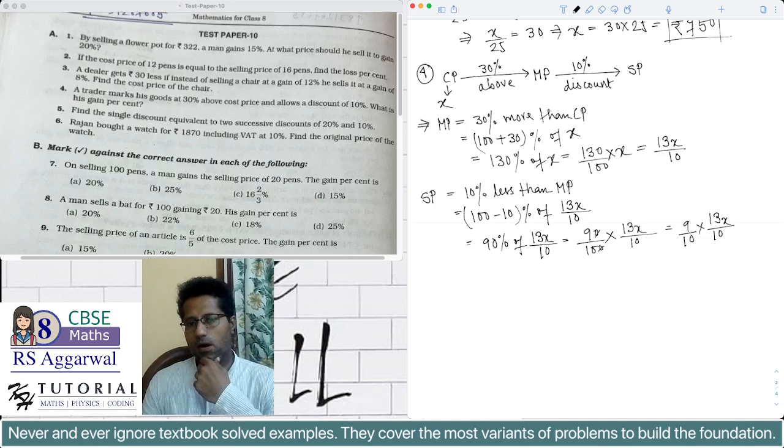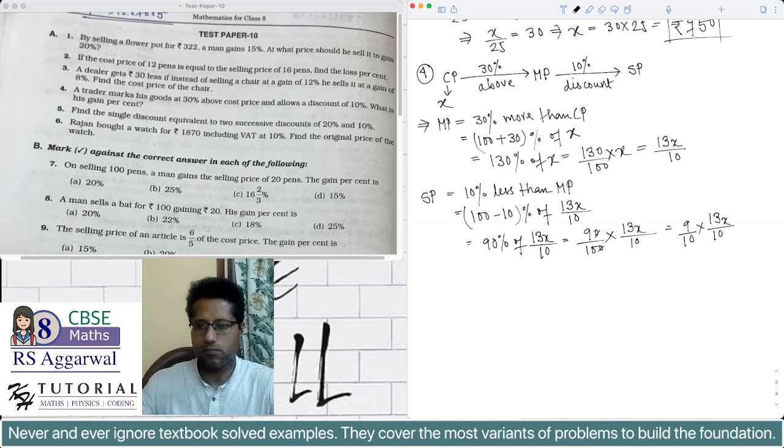Now, in the problem, it is asking what is his gain percent, but as per the value of SP and CP, it seems that SP is less than CP. Oh, sorry. The CP is X. CP is X. Fine.